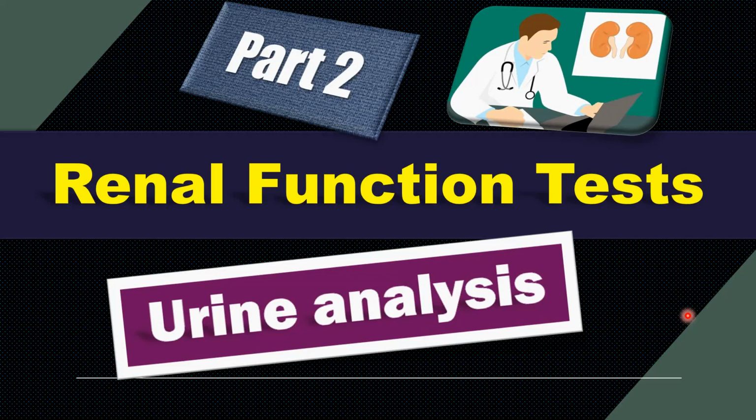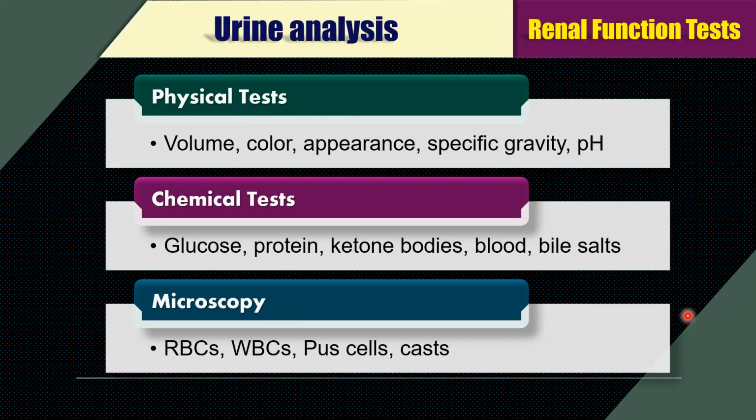Today in this video I am going to talk about urine analysis, or examination of the urine. Under urine examination, we need to study three categories: physical examination, chemical examination and microscopic examination.